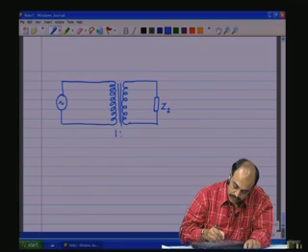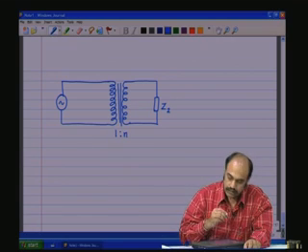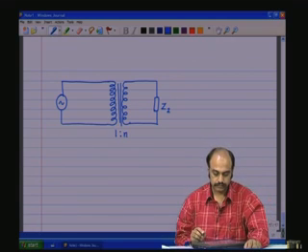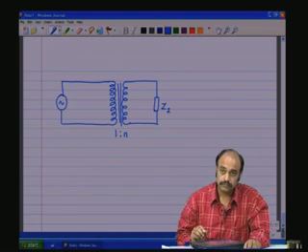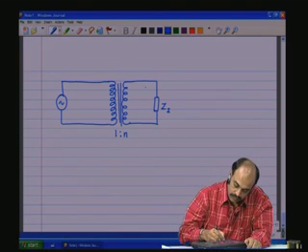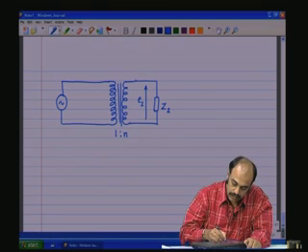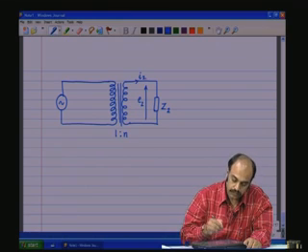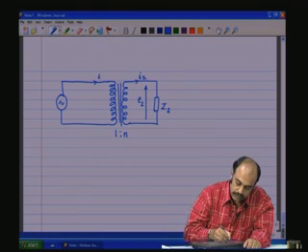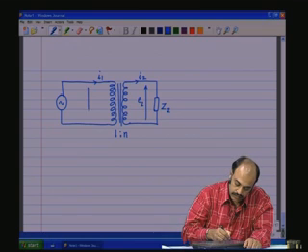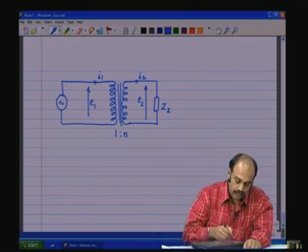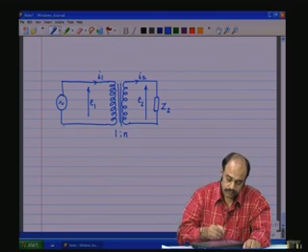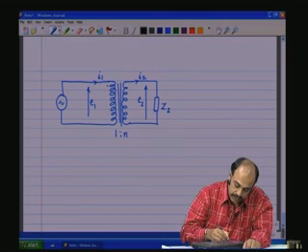The turns ratio is 1:N. The voltage across this was E2, current through that was I2, current through this primary is I1 and the voltage here is E1 or EG. And of course, there is a dot polarity coming to the picture.